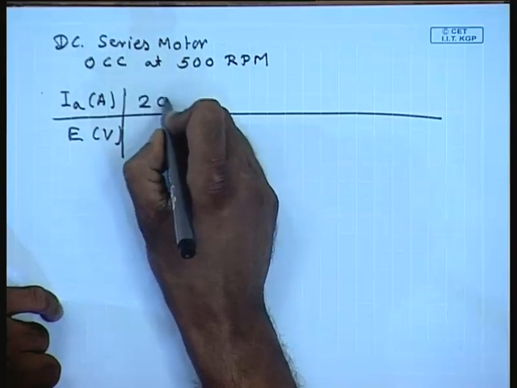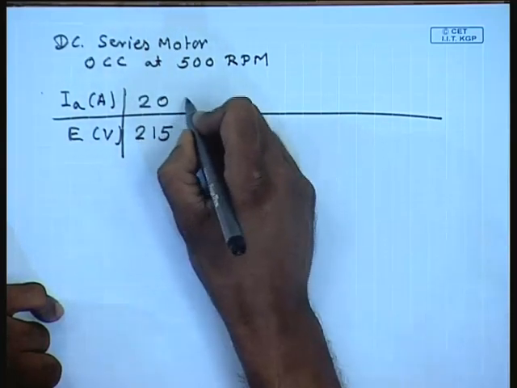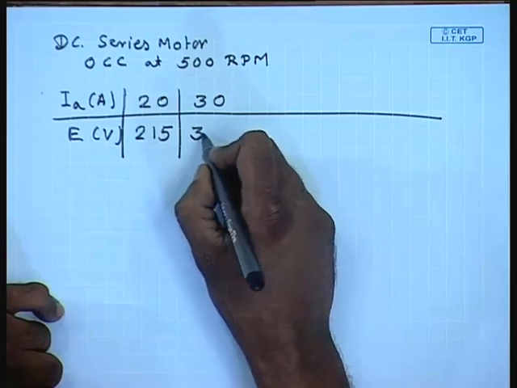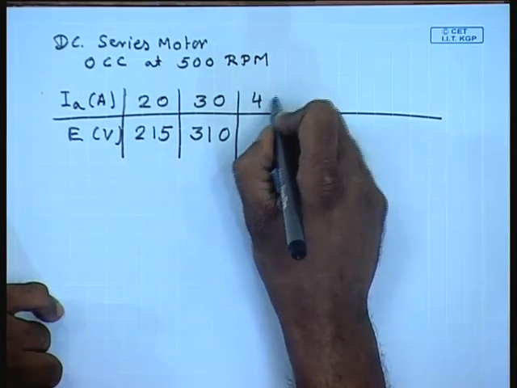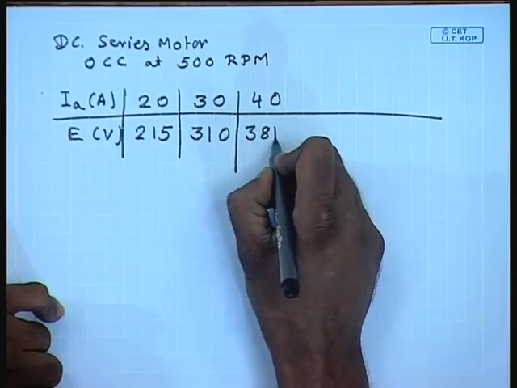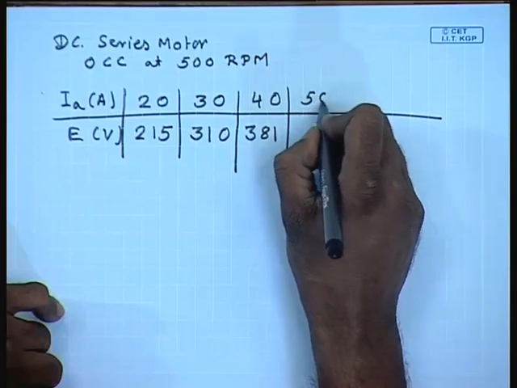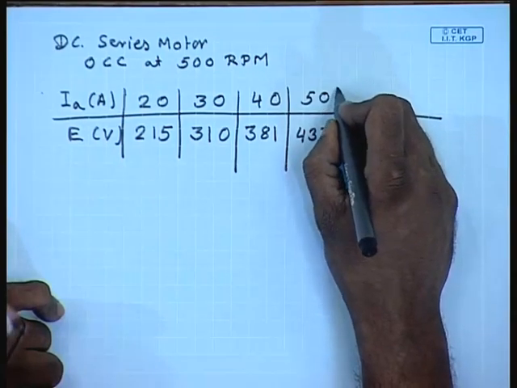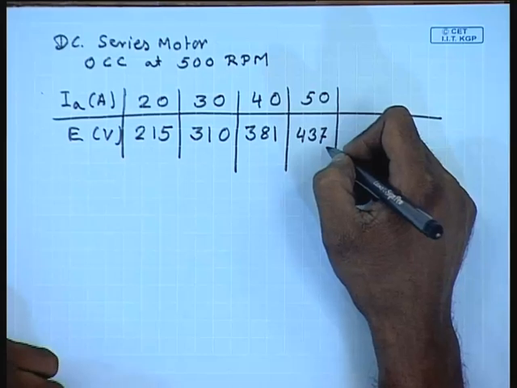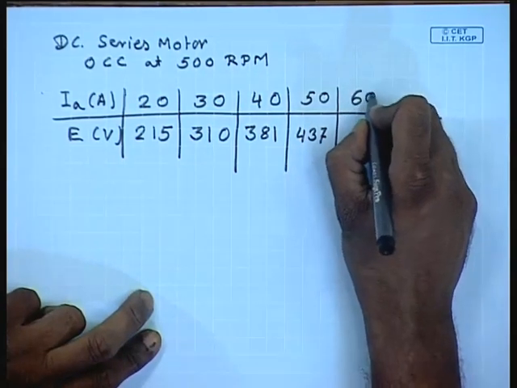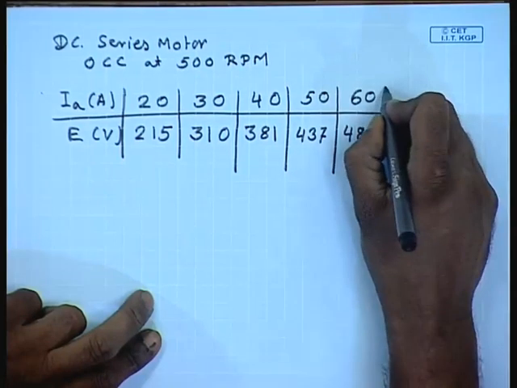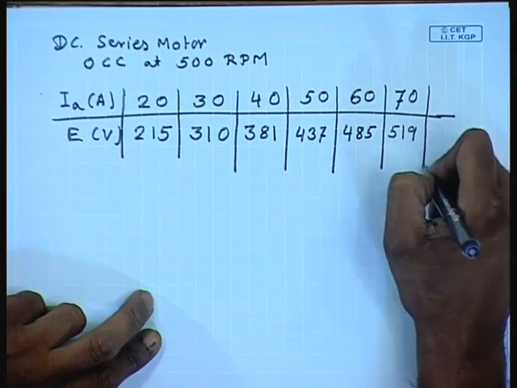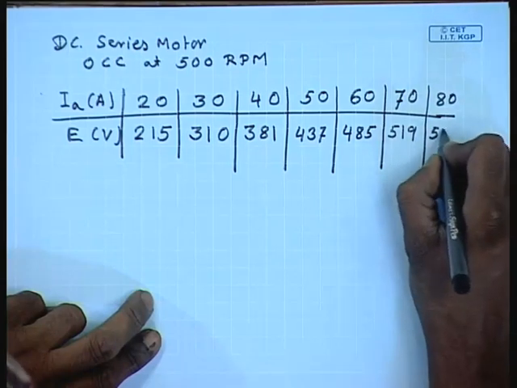I a equal to 20 ampere, E is 215 volts, 30 ampere, 310 volts, 40 ampere, and so on, up to 80 ampere, 550 volts.